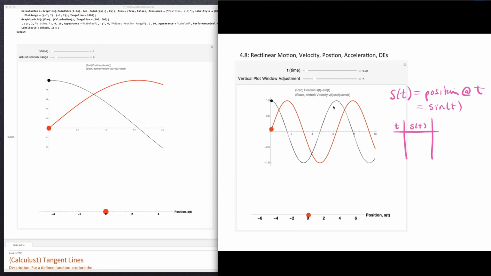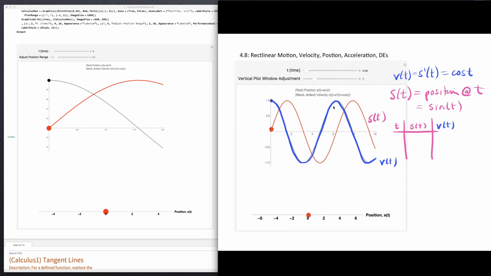There is also a velocity function, and velocity is the derivative, which will be cosine of t in this case. So we're seeing a sine graph and the velocity graph, the cosine graph here. Here's your velocity, and this curve here is the position.